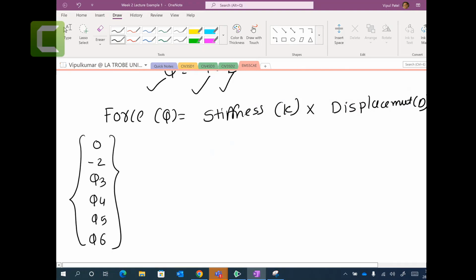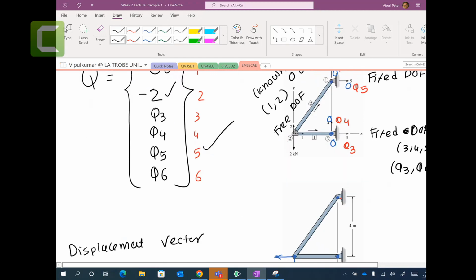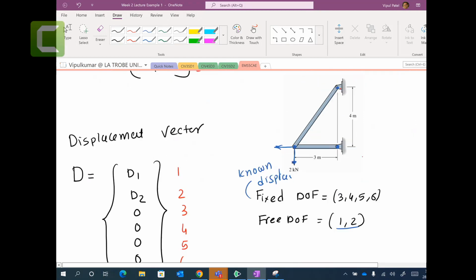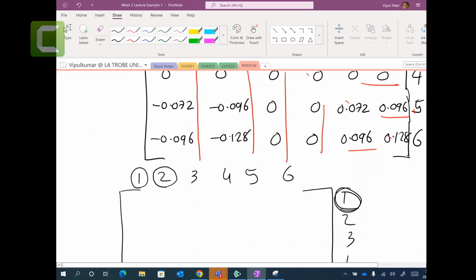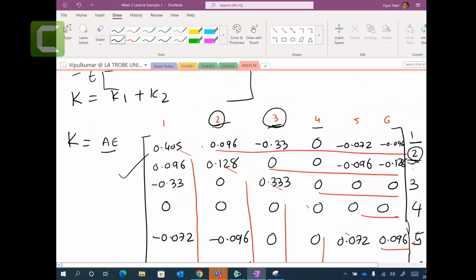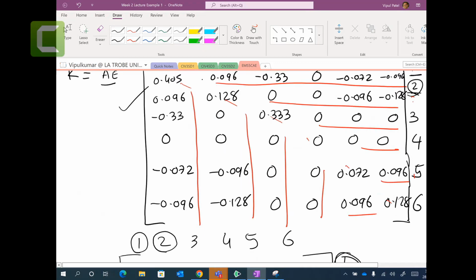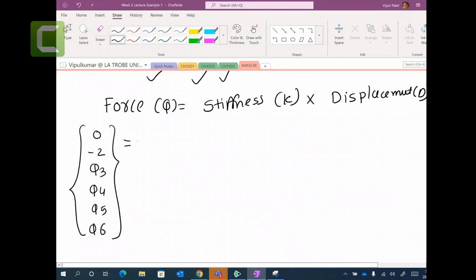We just developed this Q matrix, we copy that here, equal to the stiffness matrix. I think the stiffness matrix was here. Let me find the stiffness matrix that we used in our examples. So we have the stiffness matrix here, AE, and this stiffness matrix is this.